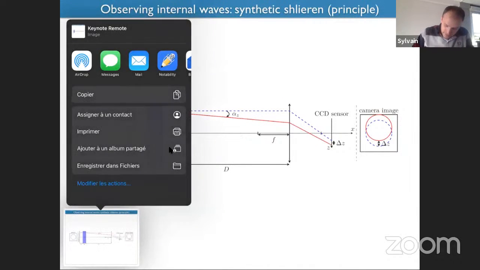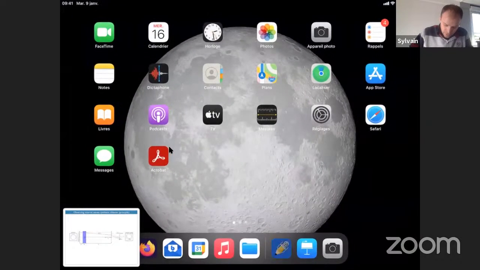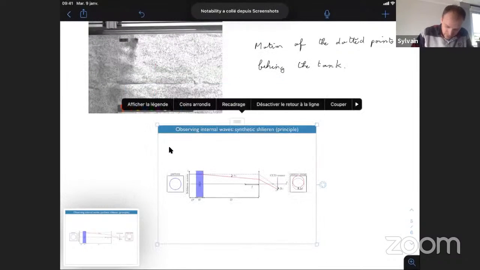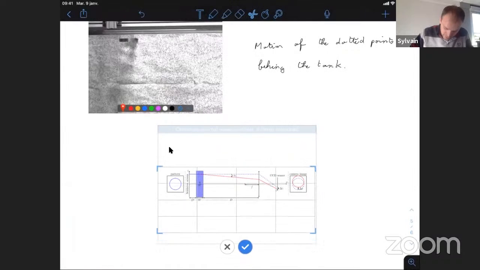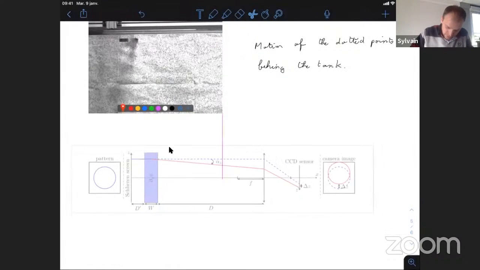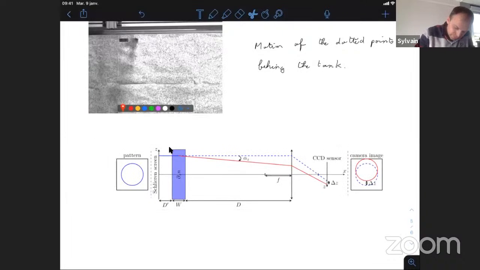So basically, it's this optical system. This is the sketch of the experimental setup.